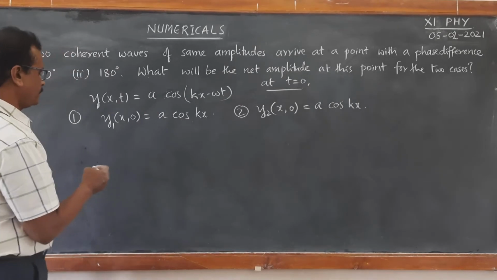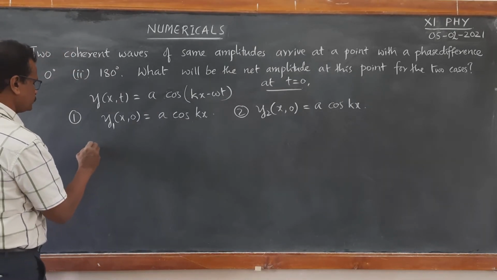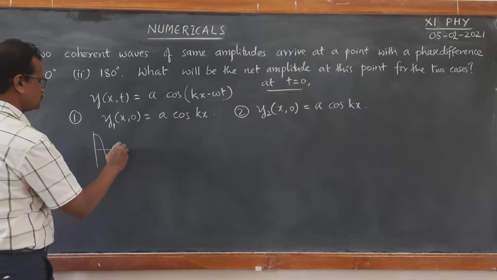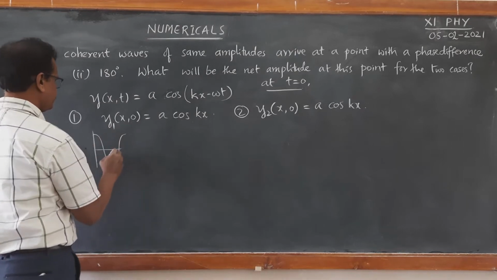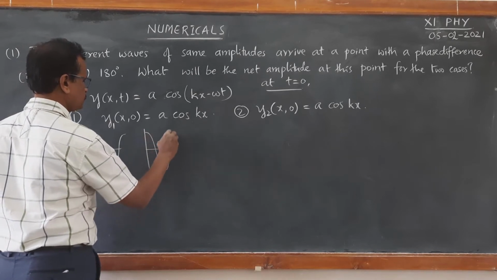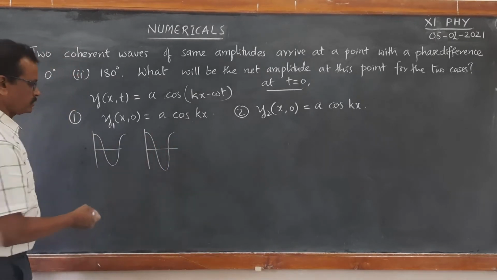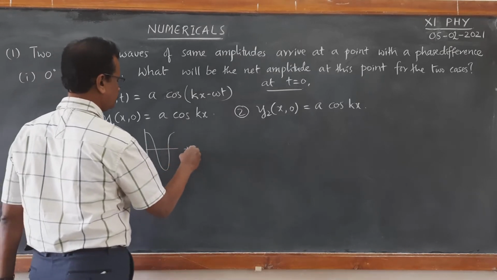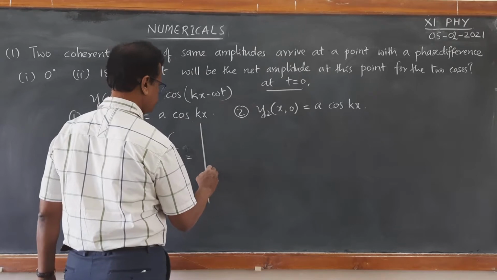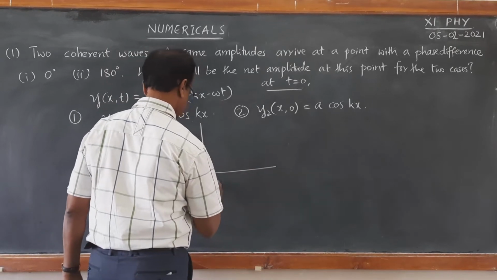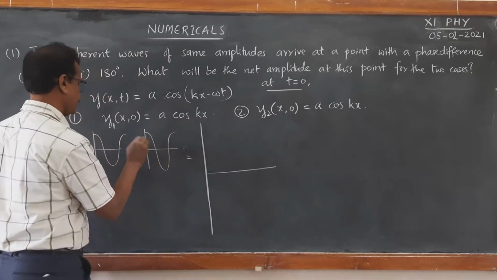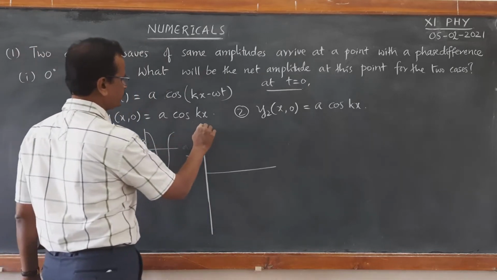Then when they interfere, what is the net amplitude? We have studied this earlier. If this is a cos wave and there is another cos wave of the same amplitude, then the resultant will have magnitude double the amplitude. If it is A and A here, the amplitude becomes 2A.